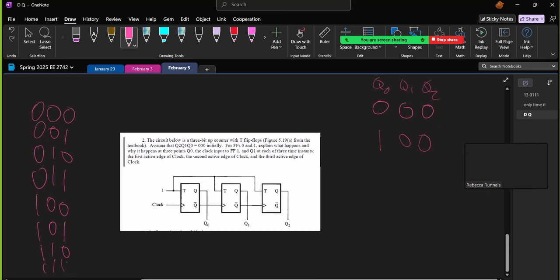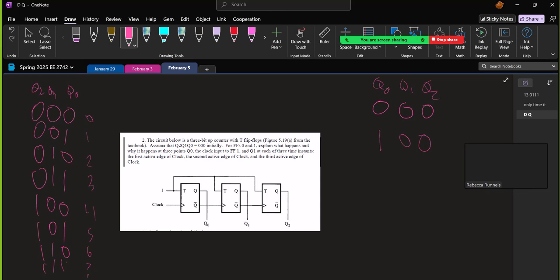So these are just the binary numbers 0, 1, 2, 3, 4, 5, 6, 7, and then you go back to 0. But this is Q2, Q1, Q0, because the order of the bits has the most significant bit at the front, the way we read them. This has the most significant bit at the back.